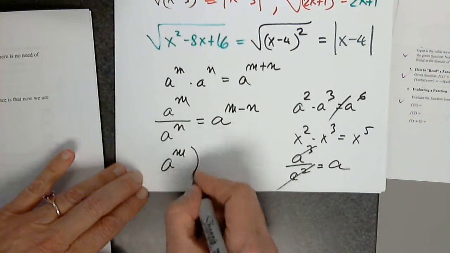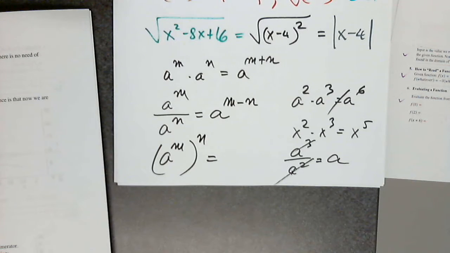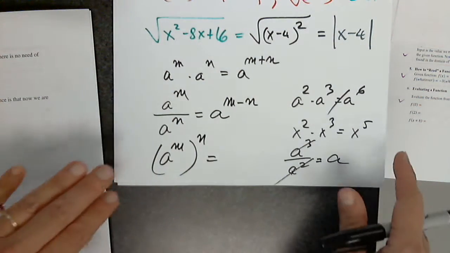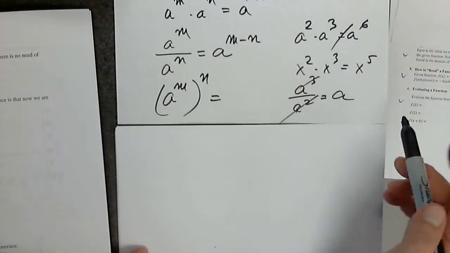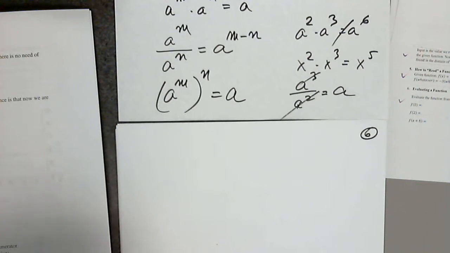a raised to the mth power, everything raised to the nth power. Of course, a here cannot be 0. It's in the denominator. So now I raise an exponential notation to a power. What do I do? Copy the base. What happens to the exponents?